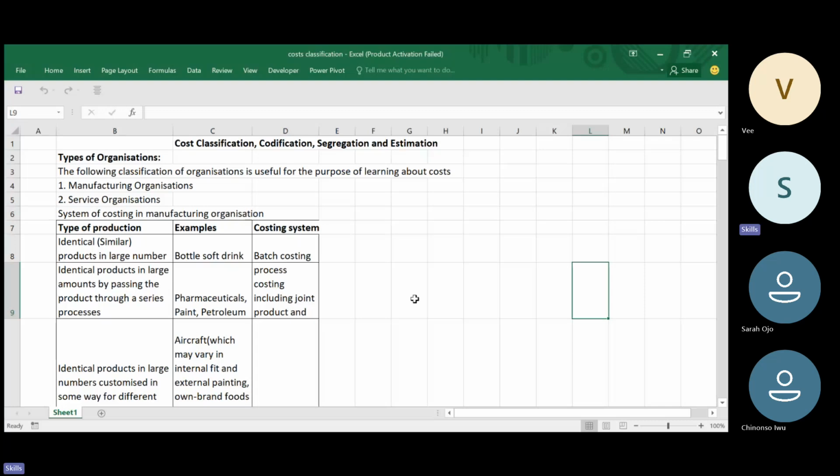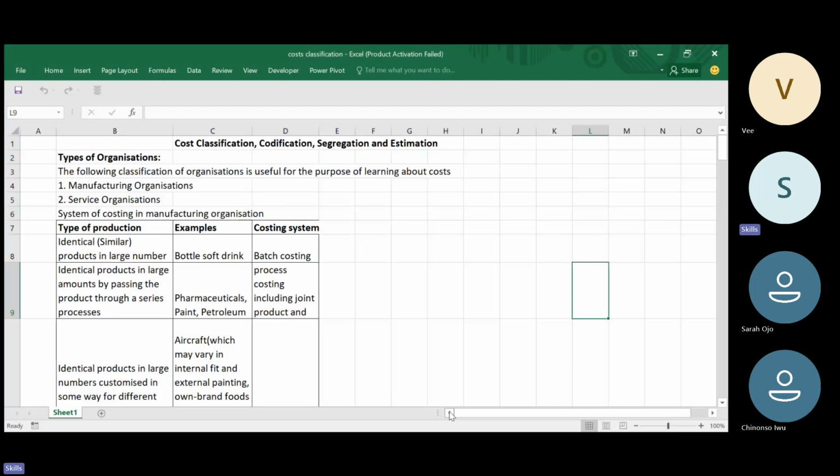Then in a manufacturing organization where identical products are produced in large amounts by passing the product through a series of processes.